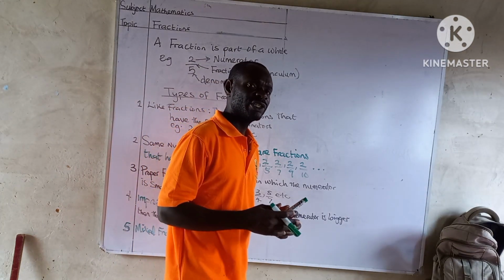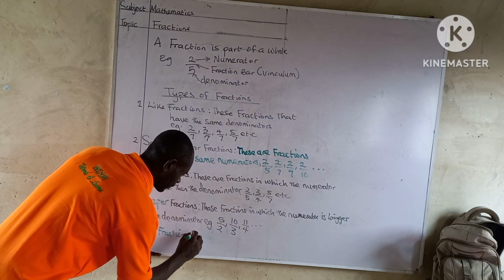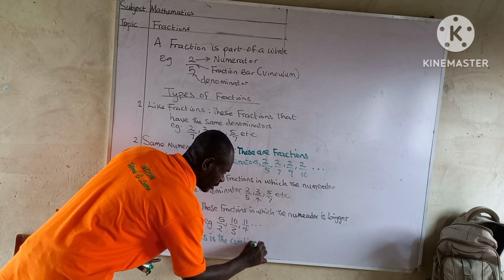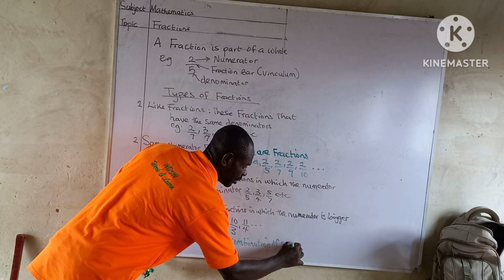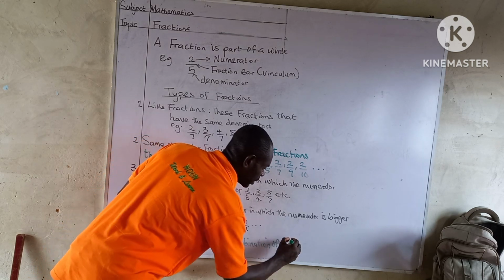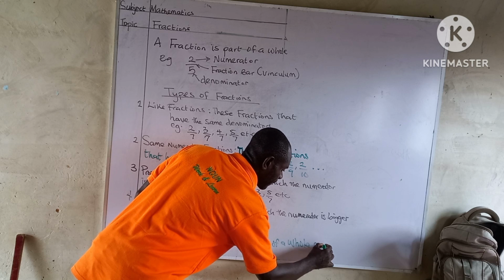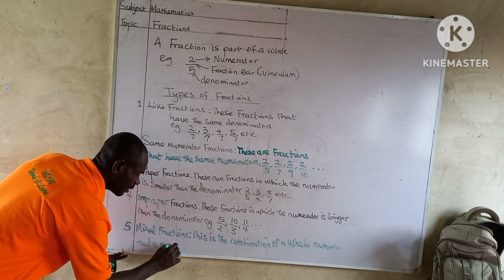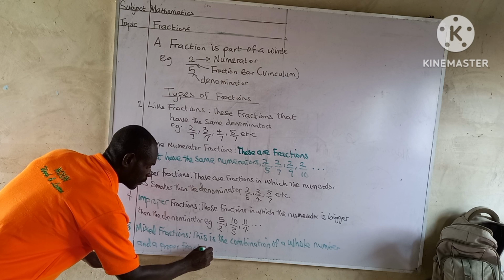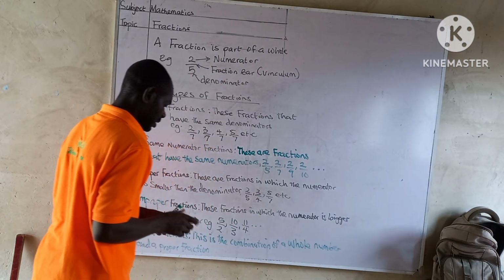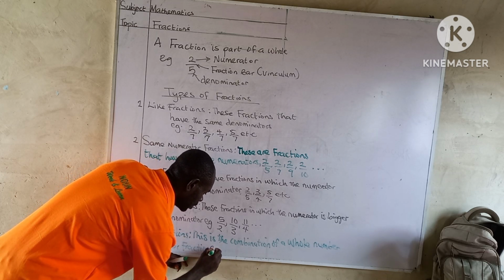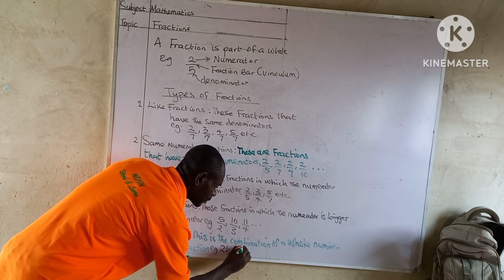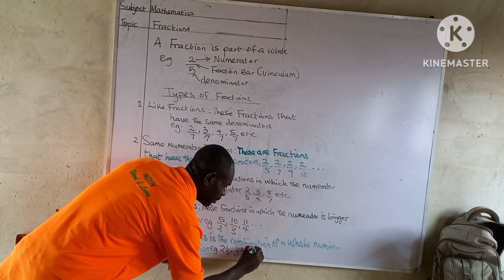Mixed fractions are the combination of a whole number and a proper fraction. Examples we have: 2 whole number 1 over 5, 3 whole number 2 over 4, 7 whole number 3 over 8.